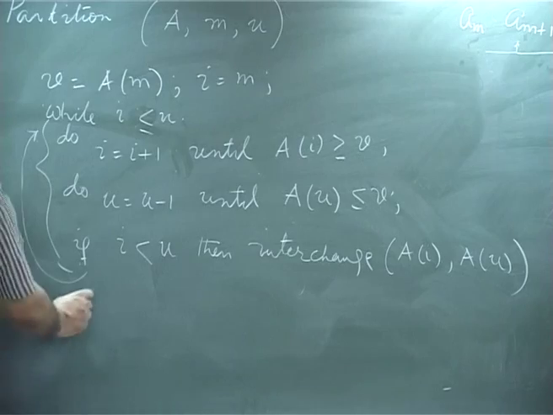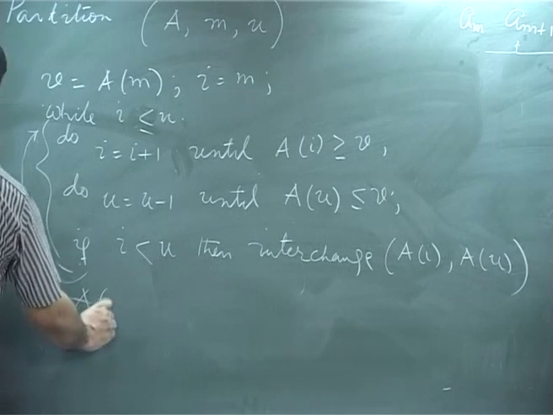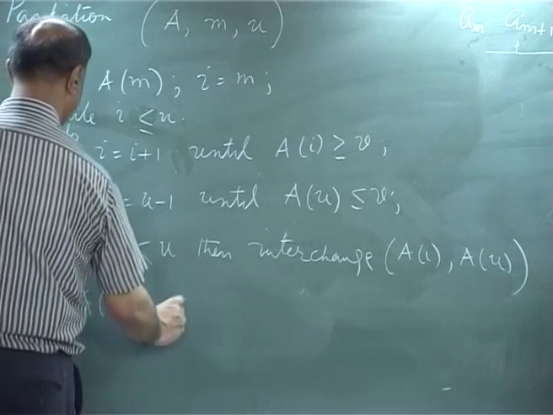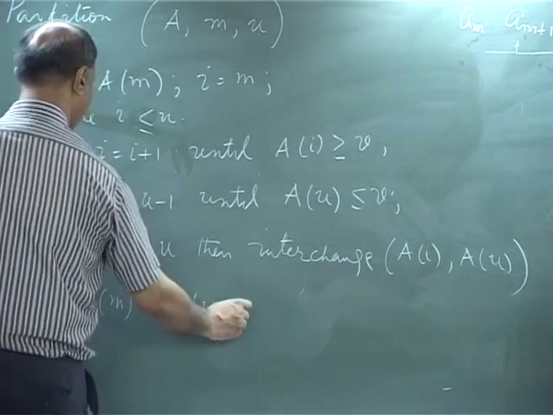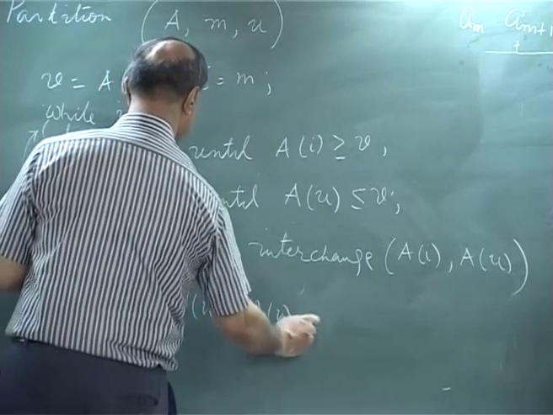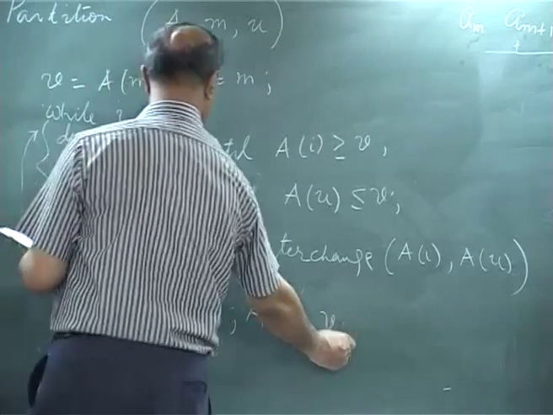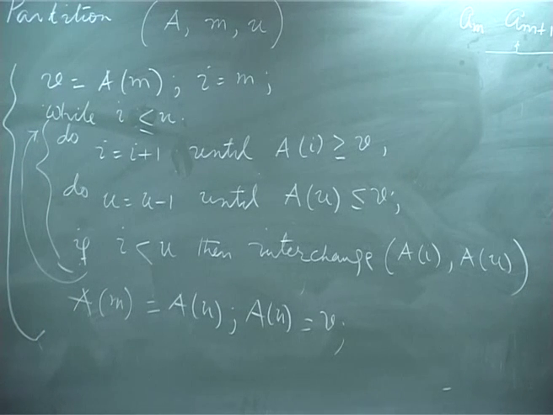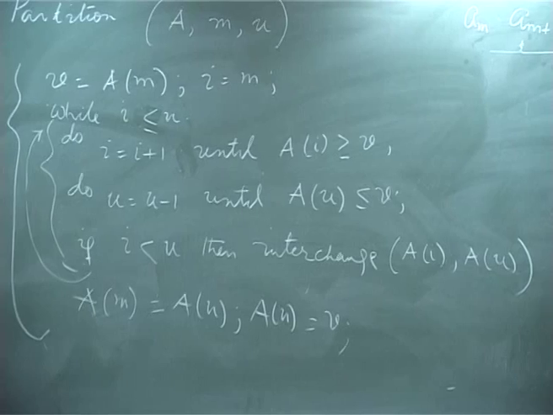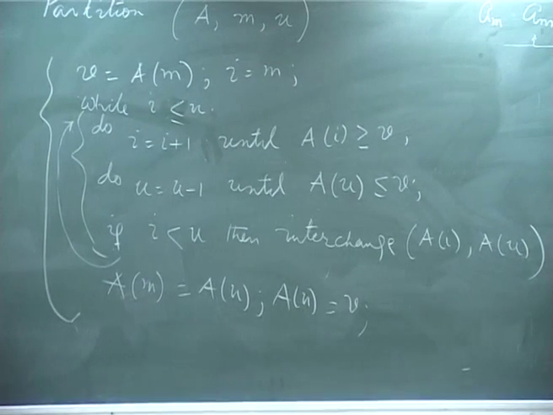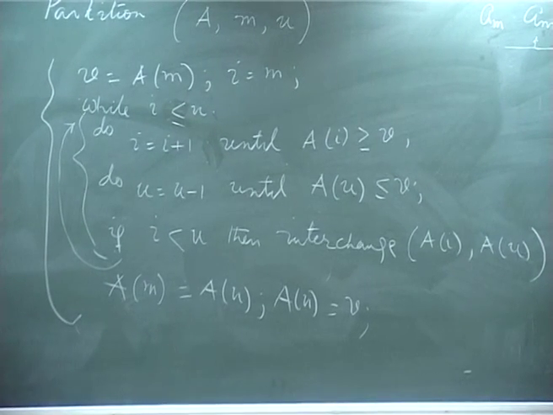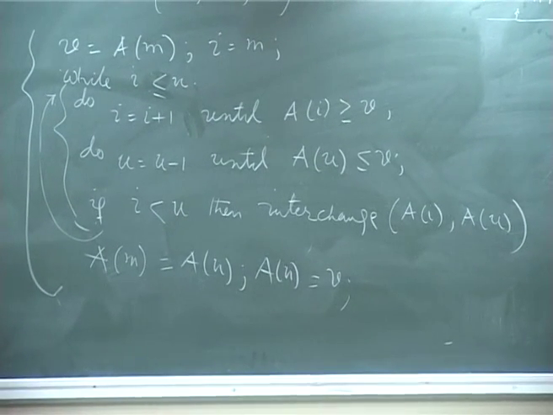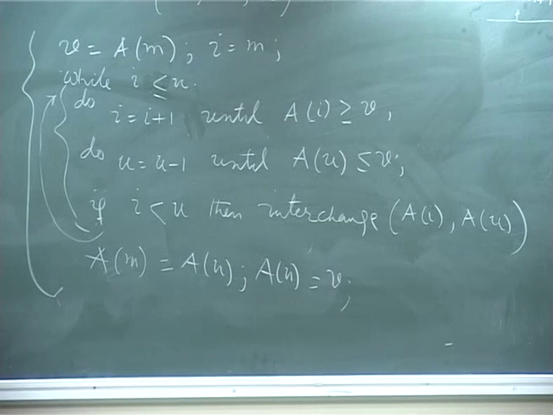And then you have A[M] equal to A[U] and A[U] equal to your V. So this is your partitioning algorithm. And obviously this takes order n plus 1 unit time to get the partitioning position, or to get the position of x1 in a subsequence of n elements.